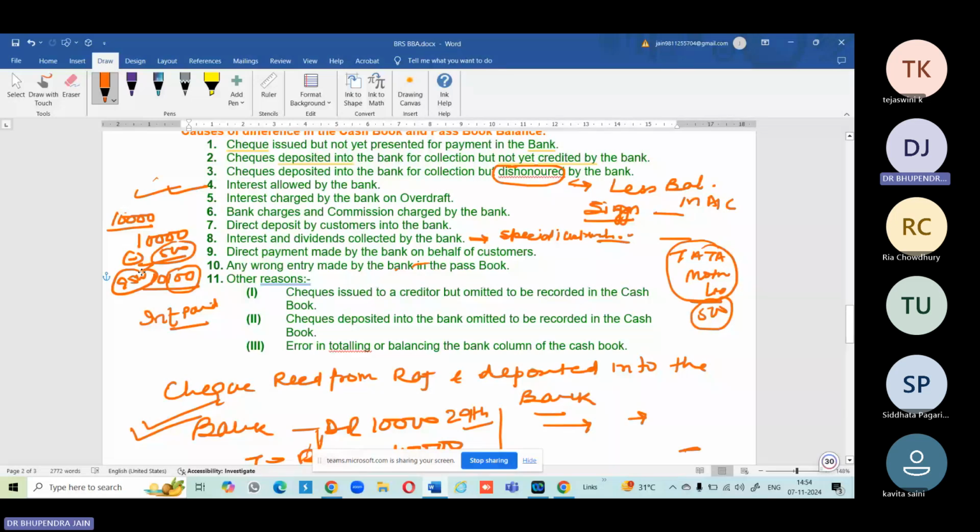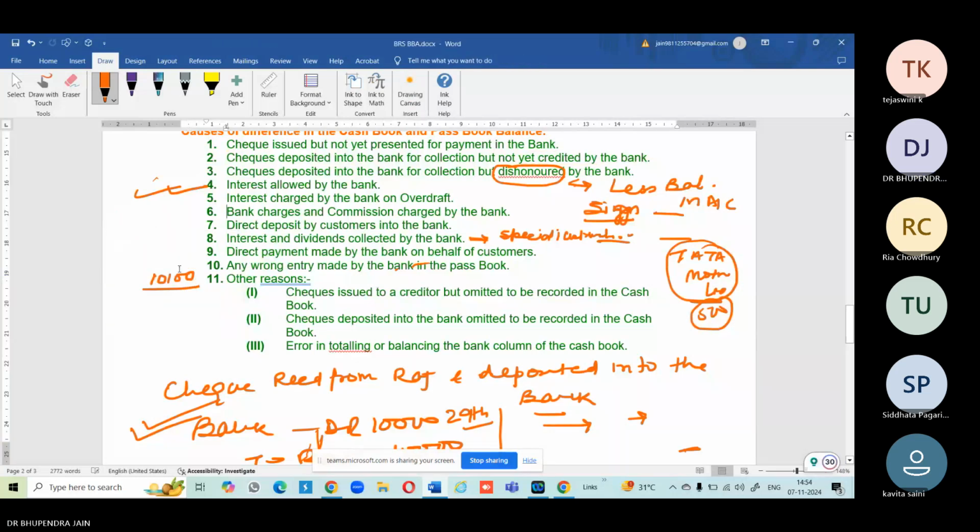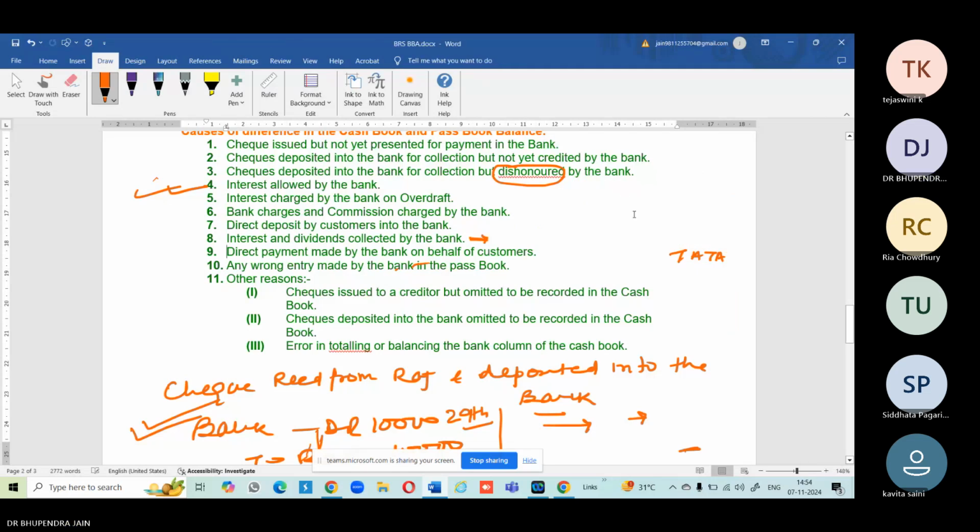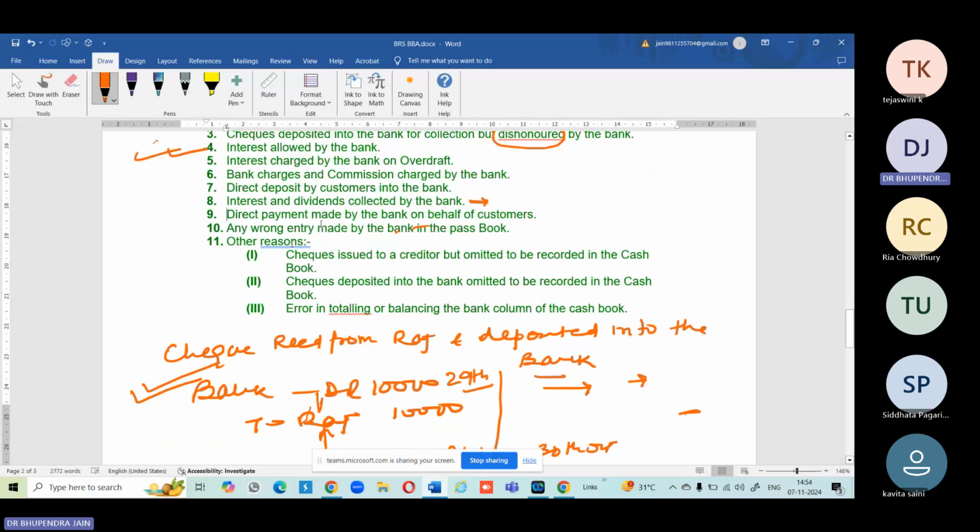Next. Next way: direct payment made by the bank on behalf of the customer.